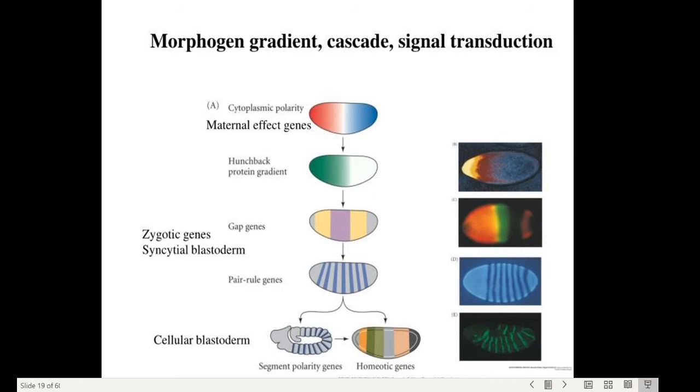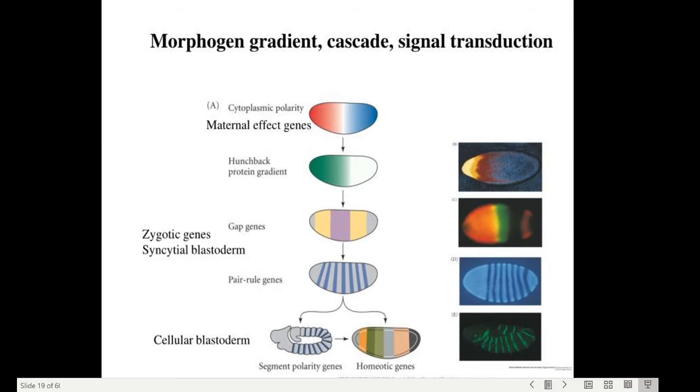Based on the Hunchback protein gradient, they develop into various cells. So after cytoplasmic polarity, these are the various steps: protein gradient formation, then gap genes, then the pair rule genes. Pair rule genes, where similar cells are paired in the zygote.